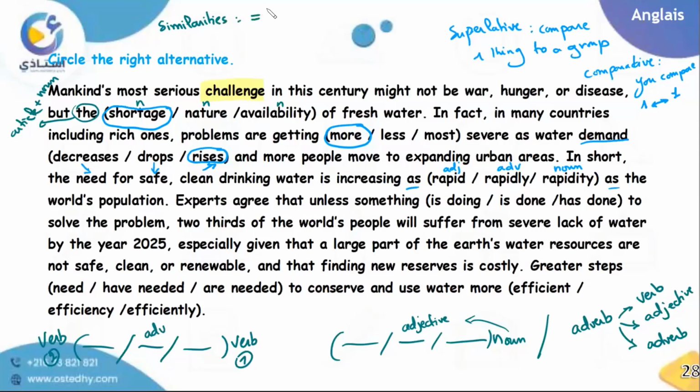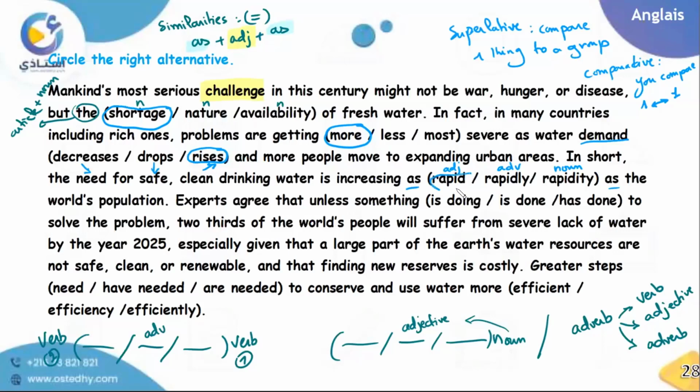Things that are equal, okay? Equal. You have a form with that, which is as plus adjective plus as. Okay, as plus adjective, not any other form, plus as. So here you need rapid as.